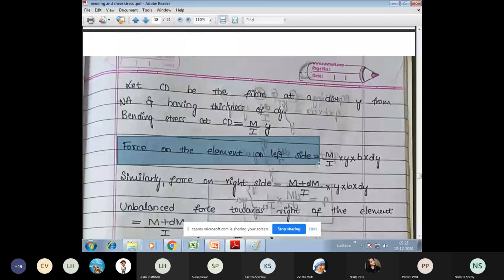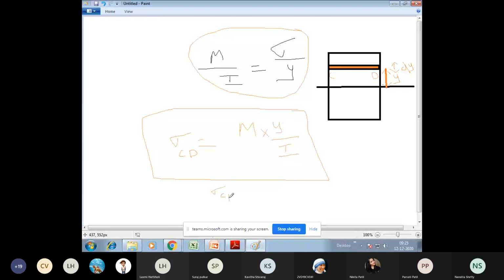You have bending stress, and if I multiply this sigma CD by the cross-sectional area, then what do I get? Ma'am, m by I into b into dy, ma'am. No, I know that. But technically, if I multiply this bending stress into cross-sectional area, what do I get?